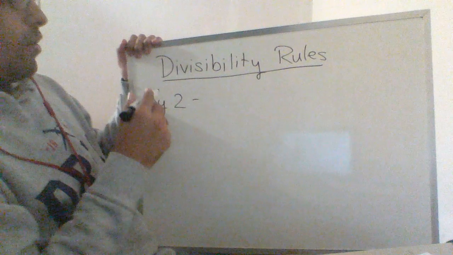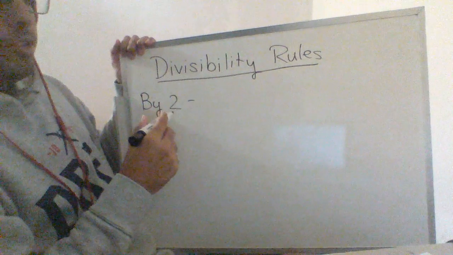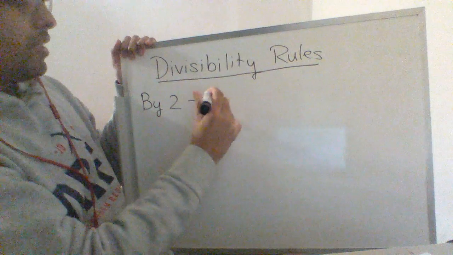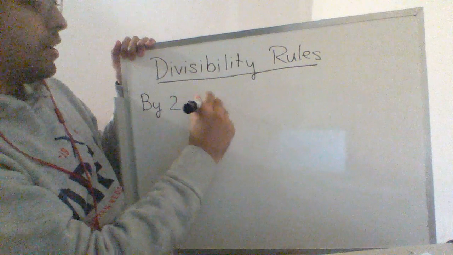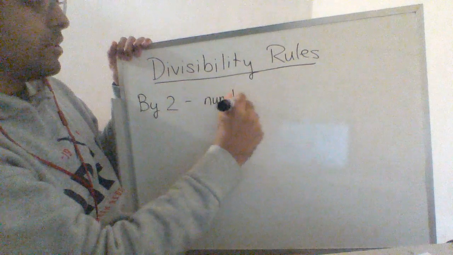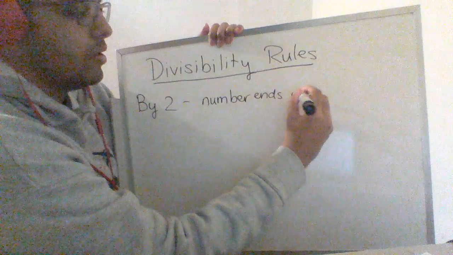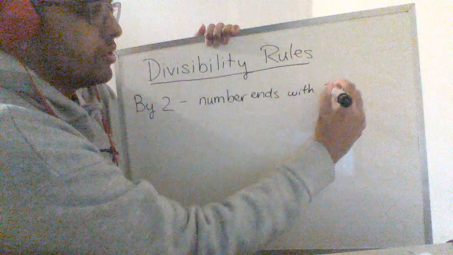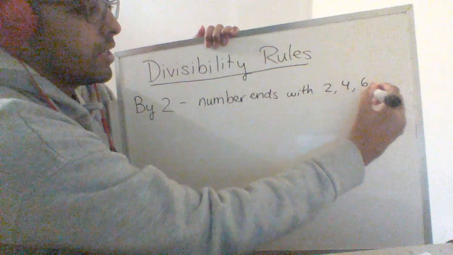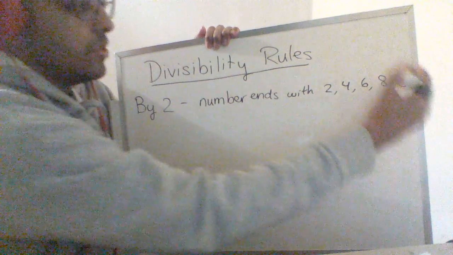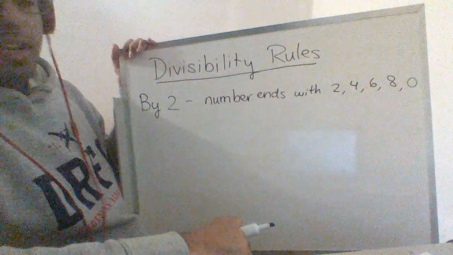So for a number that's divisible by 2, basically the way it works is the number ends with a 2, a 4, a 6, an 8, or a 0. So that's a fairly simple one.